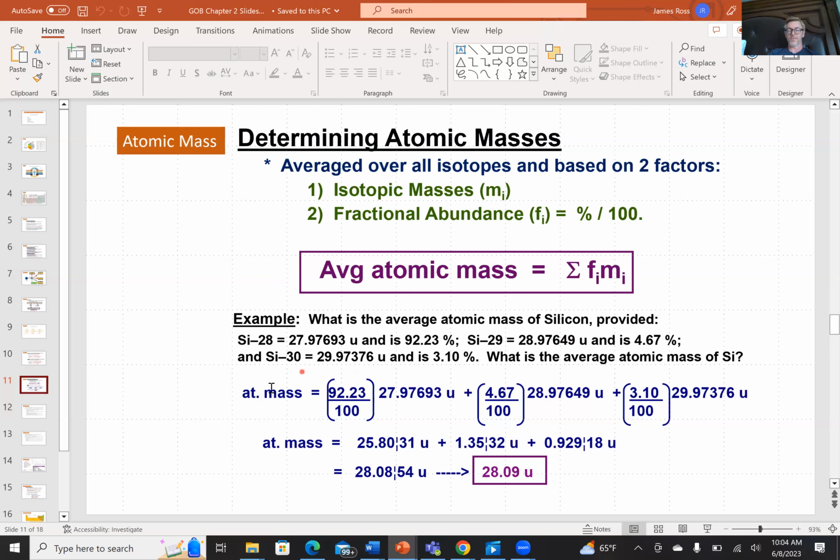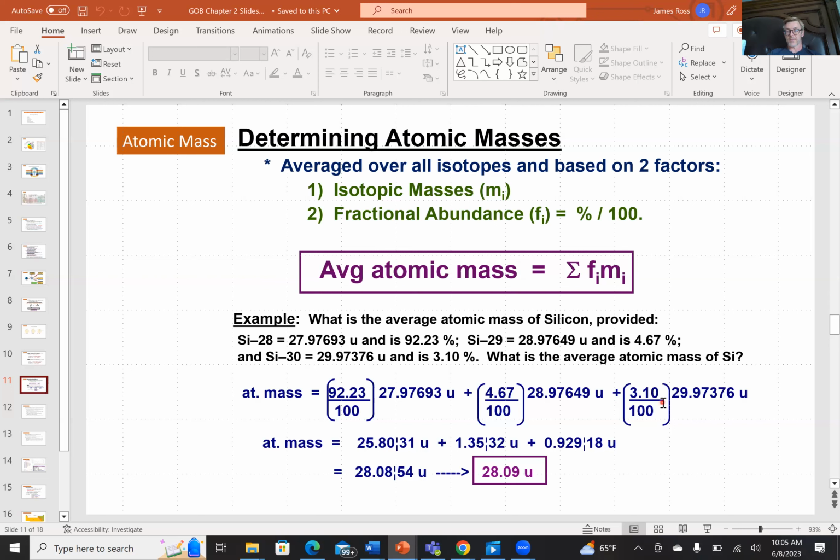So what's the average? Well, the average is 92.23% of the exact mass of silicon-28. Here, U just means atomic mass units, plus, because it's an average, 4.67% of the exact mass of the silicon-29 isotope, plus 3.10% of the silicon-30 isotope.